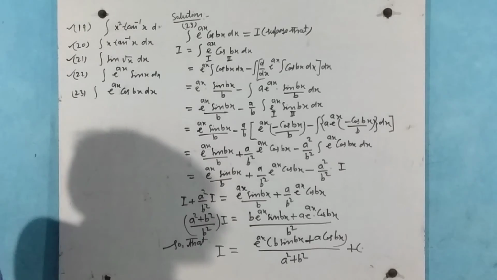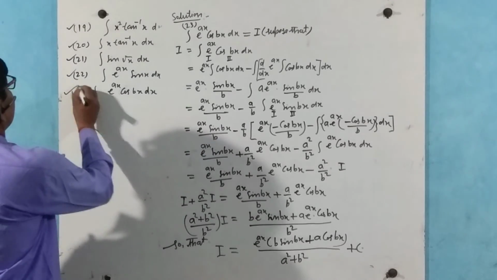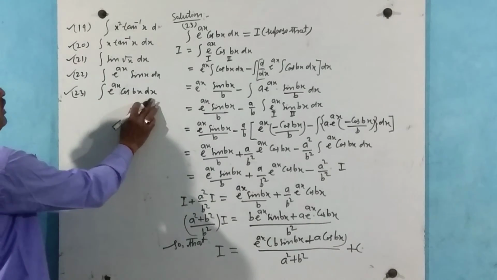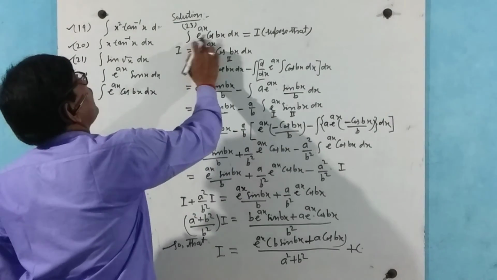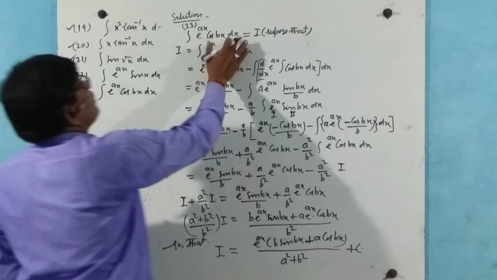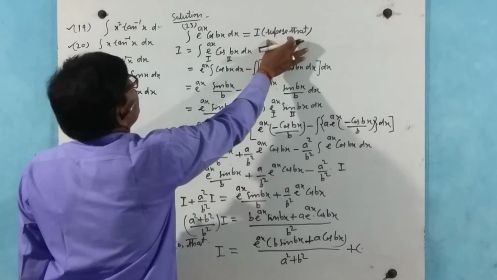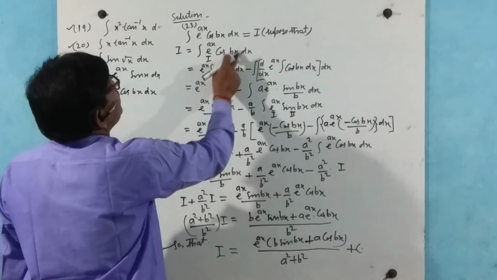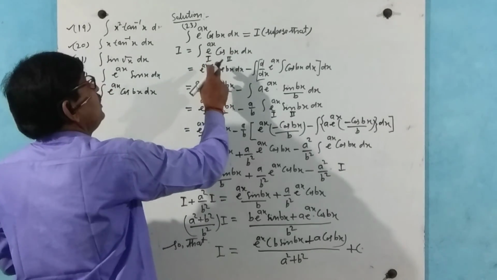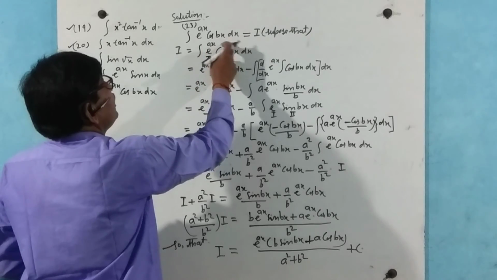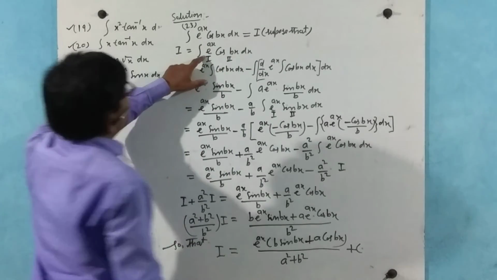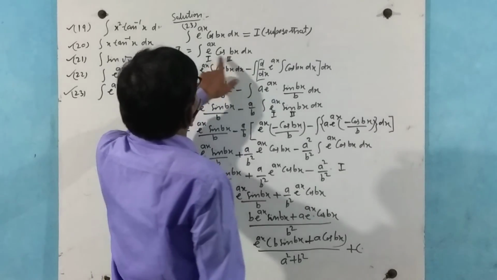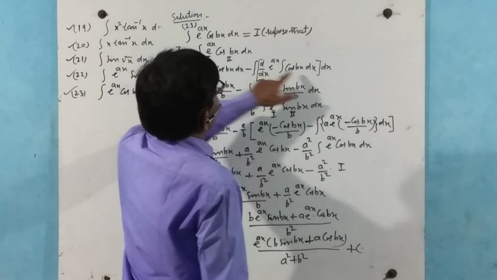Now question number 23 here, integration of e to the power ax cos bx dx. Let us suppose that this is equal to I, so that I is equal to integration of e to the power ax cos bx. We assume that this is the first term and this is the second term. Apply the formula: first term times integration of second term minus integral of differentiation of first term times integration of second term.